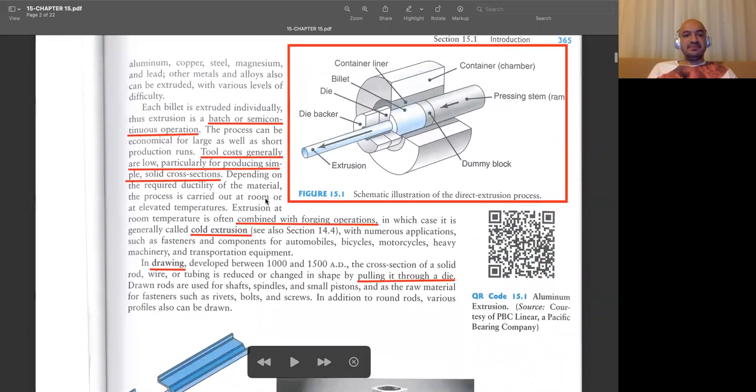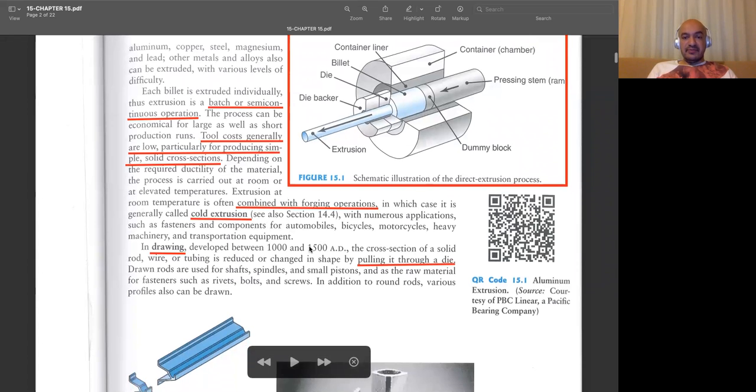Depending on the type of material you are working with, you may increase the temperature and perform a hot extrusion, or if the material is not a difficult material, you can do cold extrusion. And this cold extrusion is mostly combined with forging operations, which means that we have impact forces, and we name these processes cold extrusion.